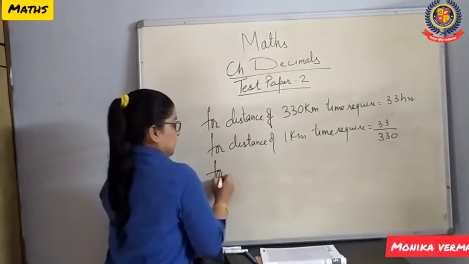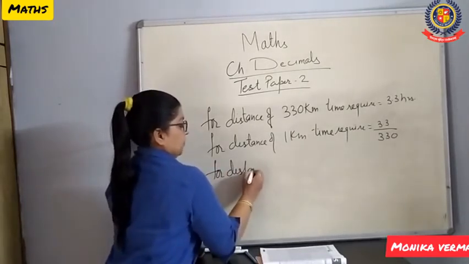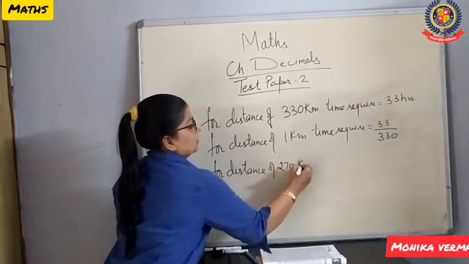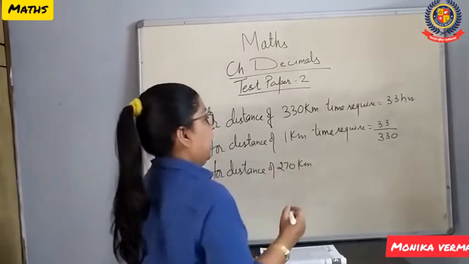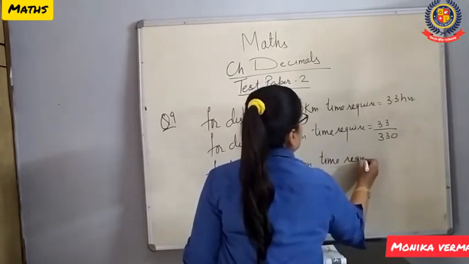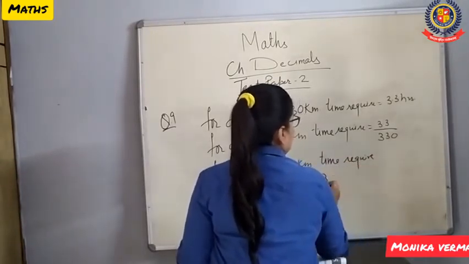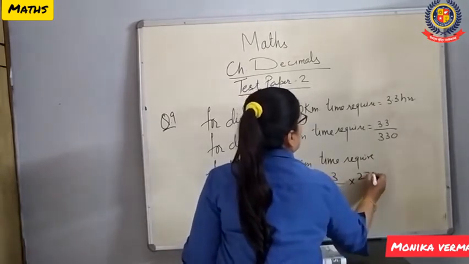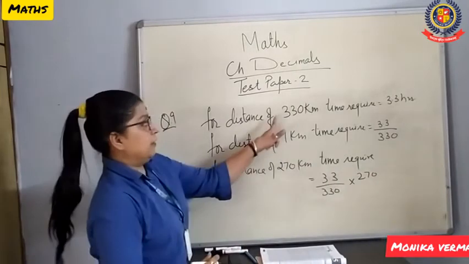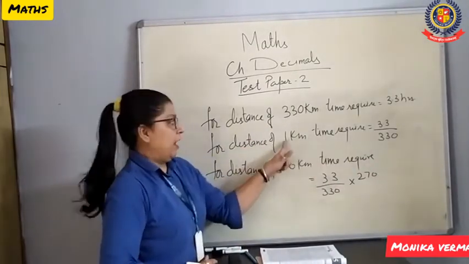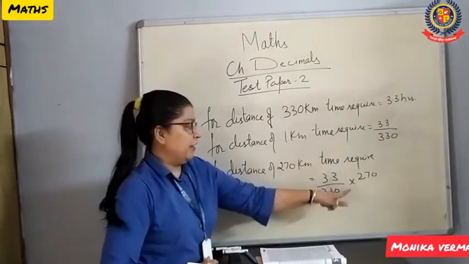Then for distance of 270 kilometers, time required is 3.3 upon 330 into 270. What we have done? When more is given, we have to find for 1, we have divided. After 1, we have to find for more, we have multiplied.